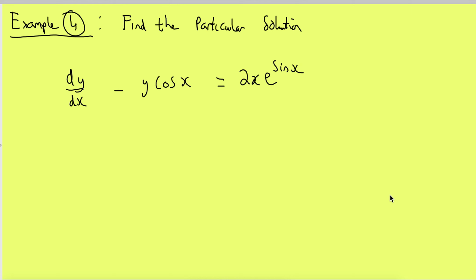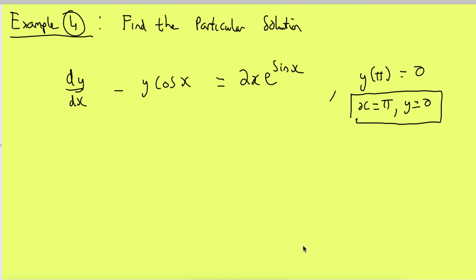That was horrible. And this time y of pi equals 0 is my initial condition. Right, so first thing, I'm going to rewrite this initial condition as when x equals pi, y equals 0. Cool. So I know I've got to use that towards the end.